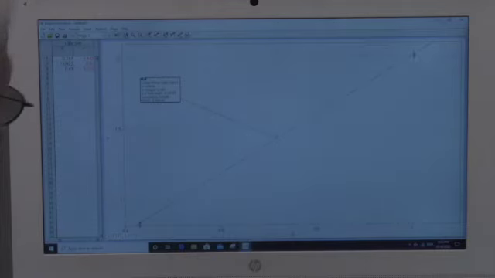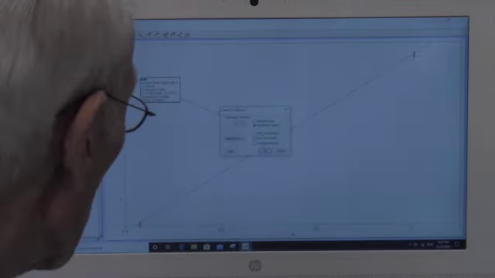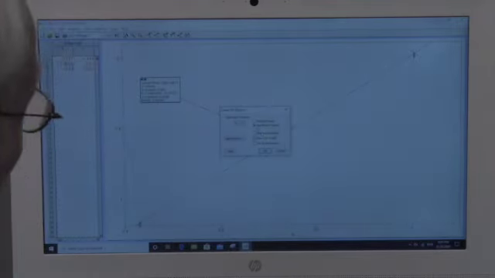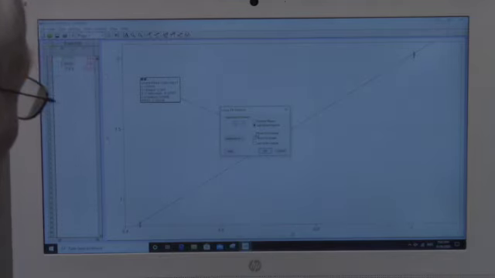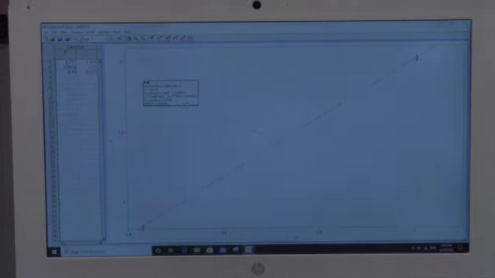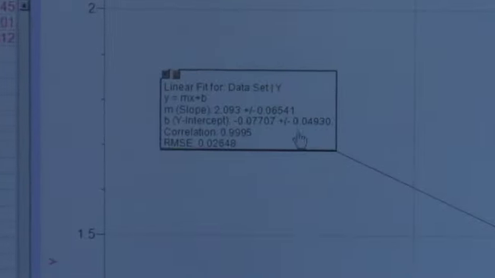And if we want to find out the error in that slope, for instance, or the error in the intercept, whichever, if you double click on that box, we'll get another box that has some options here, which changes the number of significant figures or decimal points and so forth. What we really want is the show uncertainty option, which gives us, hit the OK button, gives us very nicely the error in the slope, which is what we're looking for, because the slope has got G in it, and the error in the intercept.